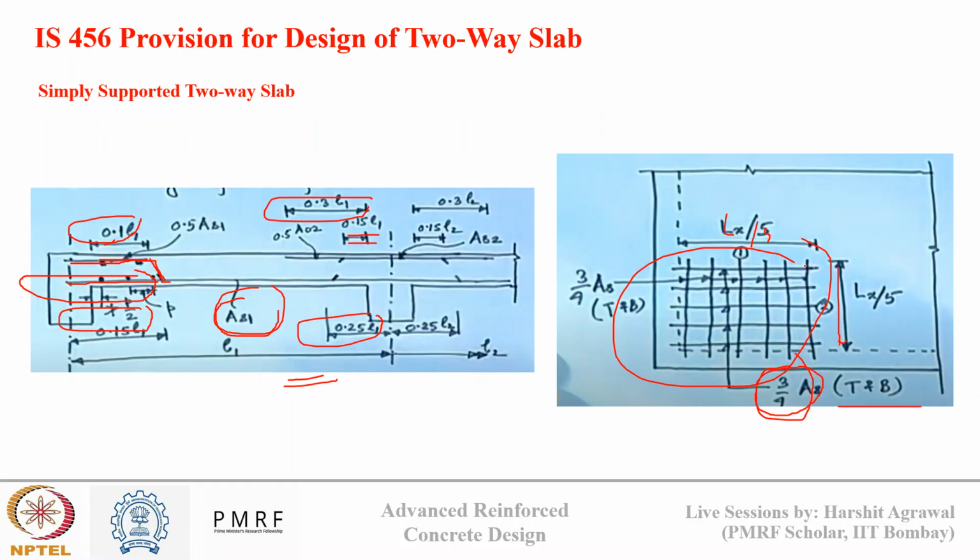So per meter it will be area times the number of bars. Three-fourth of that we need to provide in this section. So per meter, with whatever area of longitudinal bars we are providing, three-fourth of that area we need to provide as mesh reinforcement.